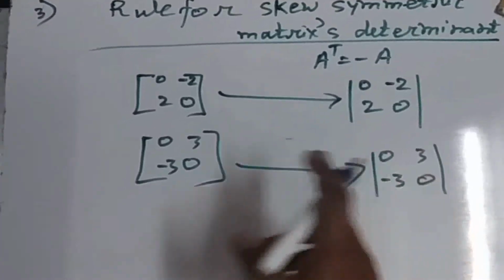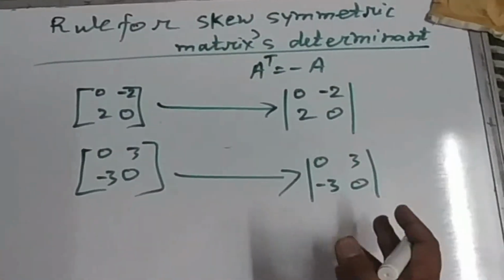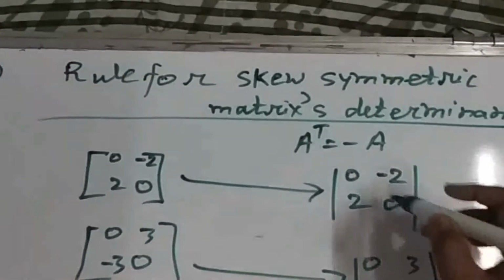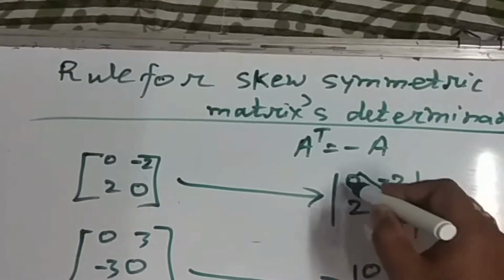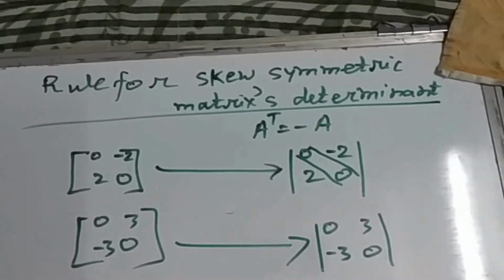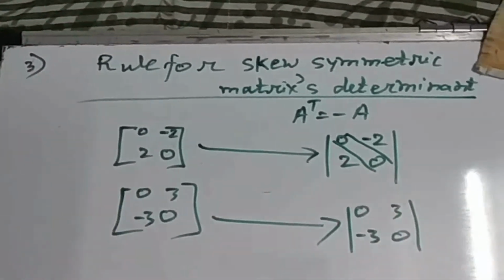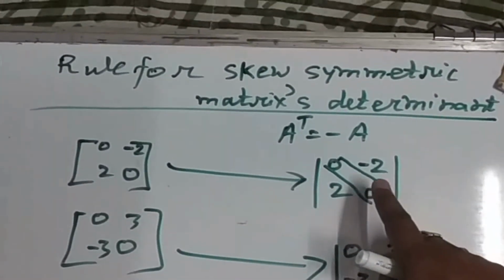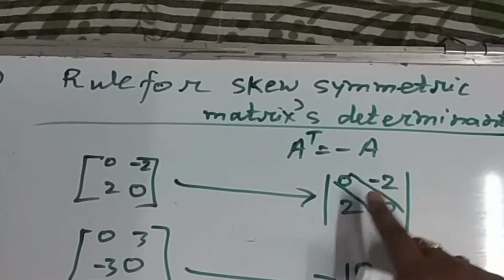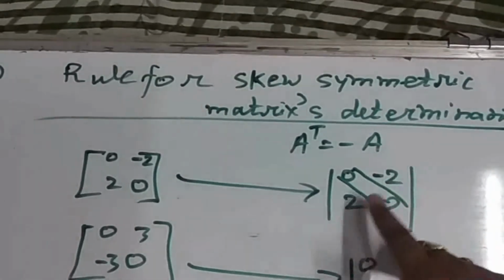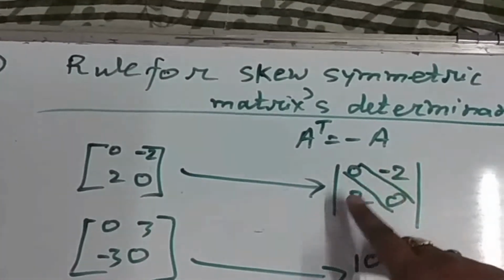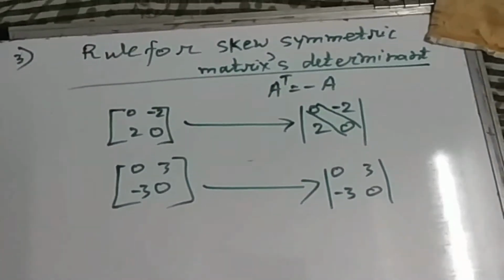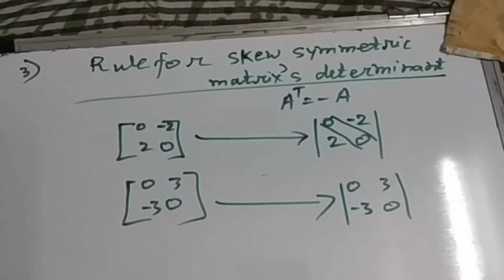Here see carefully, the principal diagonal elements are 0, and the opposite two elements, look at them carefully, their value is the same but the sign is opposite. Same value but opposite sign, 2 and -2. Here also 3 and -3. Okay, so this is the skew symmetric matrix determinant.